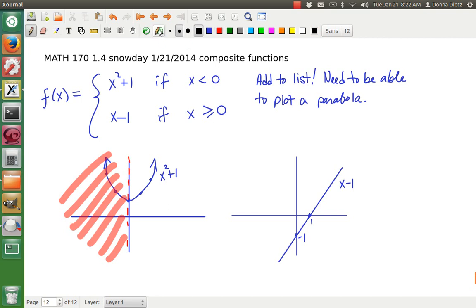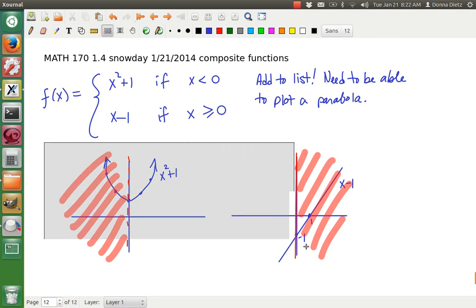And x equals 0 is going to be included here, so not included over on this side, because that side says dotted line, right? The dotted line is to indicate that we're not going to use the axis point there. We're going to put the axis point over here. But then for x greater than or equal to 0, we take this piece. So the parts that I've highlighted in red are the parts I'm going to take.